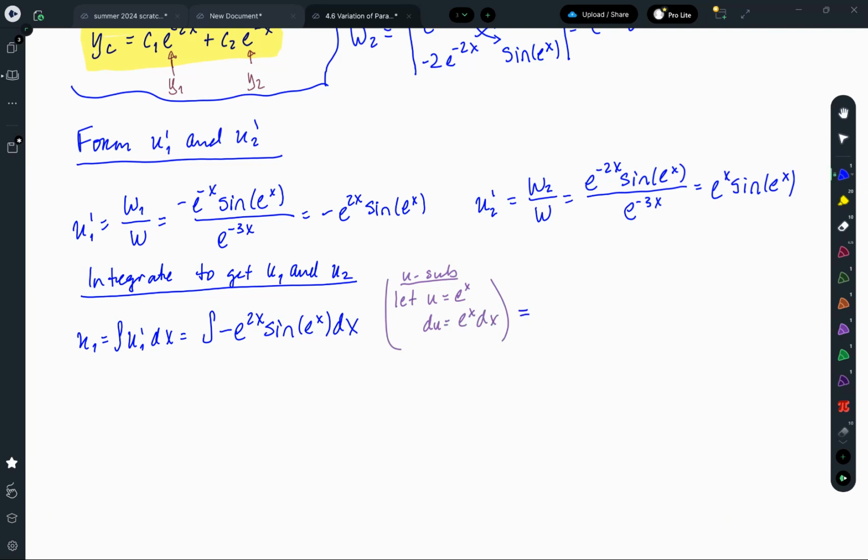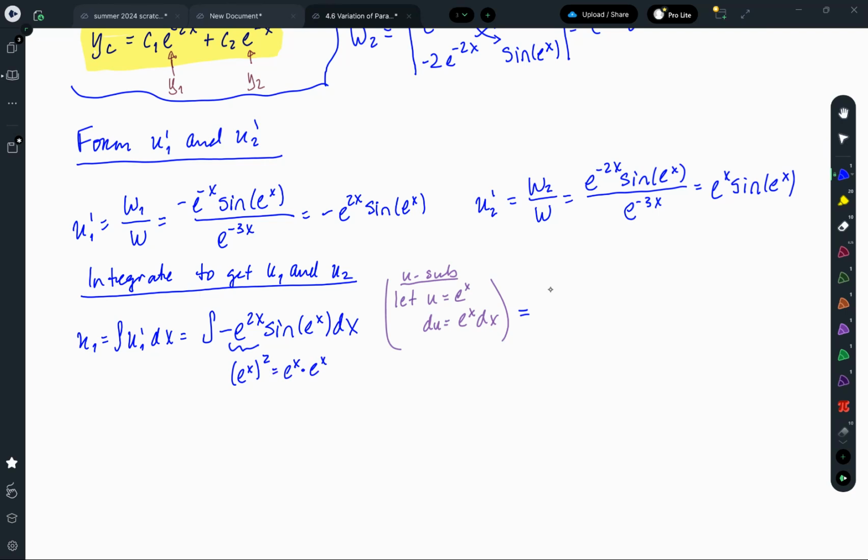Okay, so this is kind of my side work. On the other side, when I substitute all of this in, notice that e to the 2x is e to the x all squared. And so I can rewrite this to do what I need it to do, because e to the x all squared is just e to the x times e to the x, right?